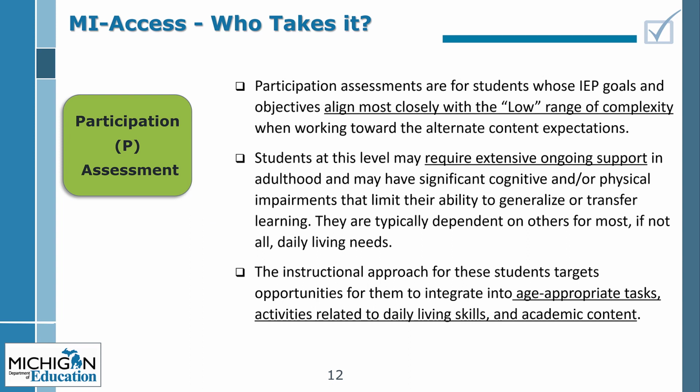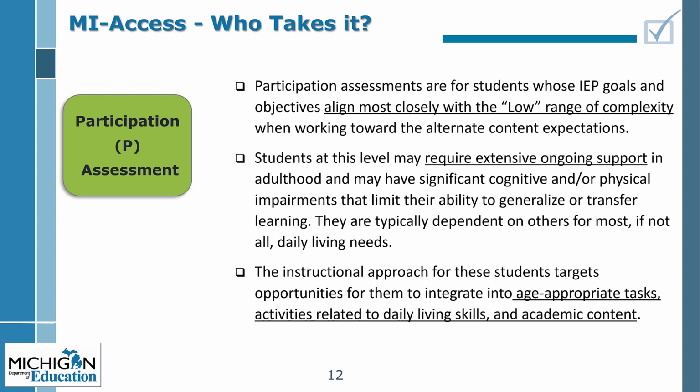The third level of assessment is participation, or P assessments, and these are for students whose IEP goals and objectives align most closely with the low range of complexity when working towards the alternate content expectations. Students at this level may require extensive and ongoing support in adulthood and may have significant cognitive and/or physical impairments that limit their ability to generalize or transfer learning.